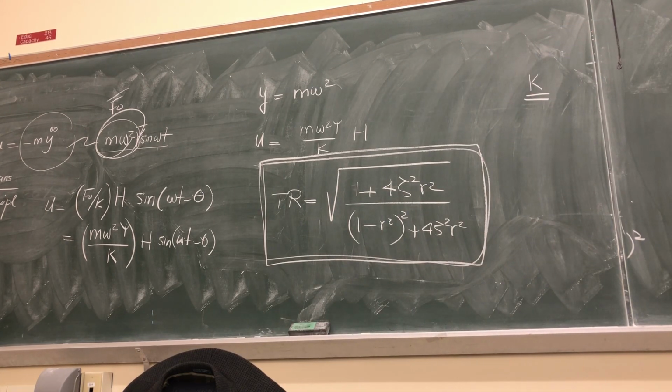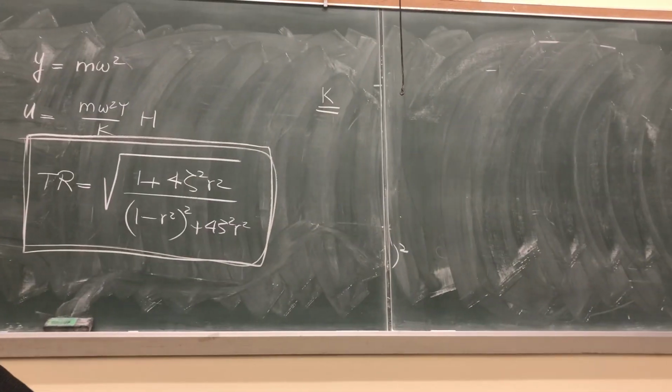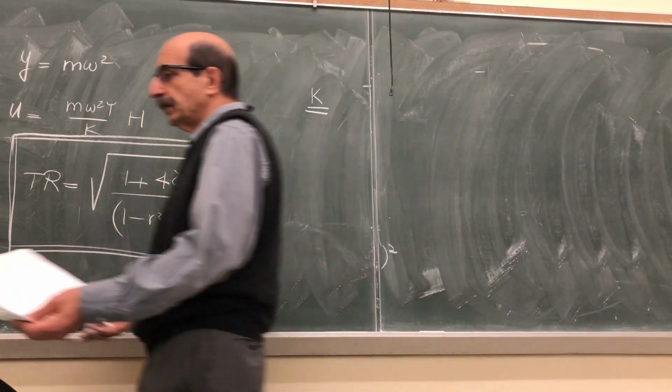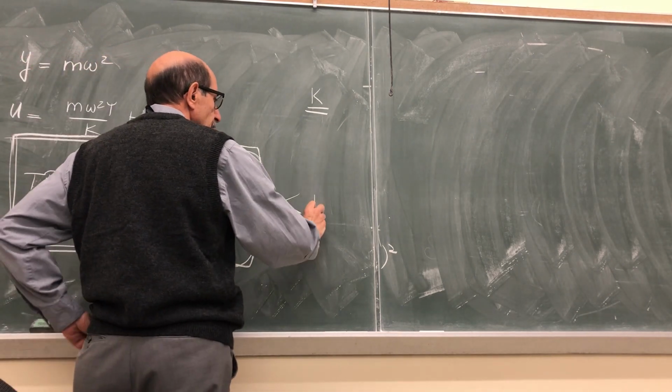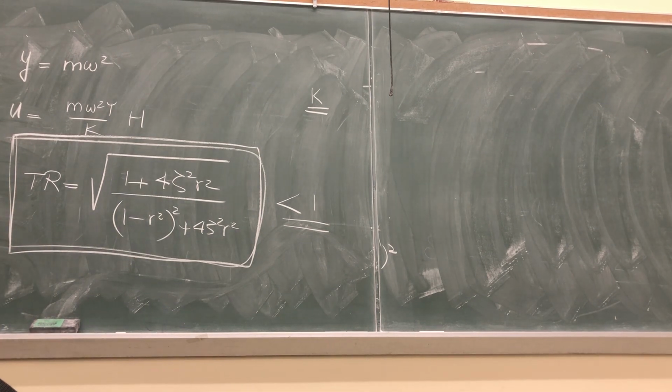Like the first problem, you may be given a criteria that you want to limit the force transmitted, and based on that you find the stiffness. Or you may want to find the maximum force or displacement transmitted and find this ratio and see what you can do to keep it less than 1. Because that's ideally what you want to do. That's basically the concept of vibration isolation, okay?